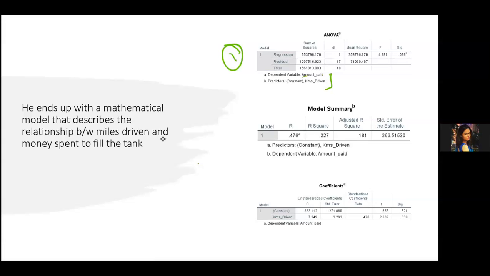Is kilometers driven a good predictor to predict amount paid or not? कि हमारा जो predictor है, हमारा independent variable है, whether that is a good predictor to predict my dependent variable. जो kilometers driven जो मैंने independent variable लिया है, whether it's a good predictor to predict amount paid. So regression से क्या पता चल रहा है यहाँ पर? Whether the regression model is significant?